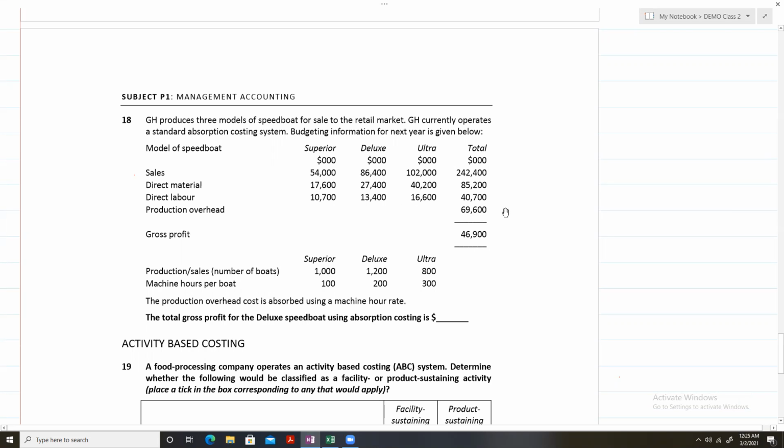And once you calculate the amount that will be absorbed by the deluxe model, you will simply have to subtract the three figures: direct material, direct labor, and the amount of production overhead absorbed from the sales revenue to arrive at the gross profit. This should not be a very difficult task for you.